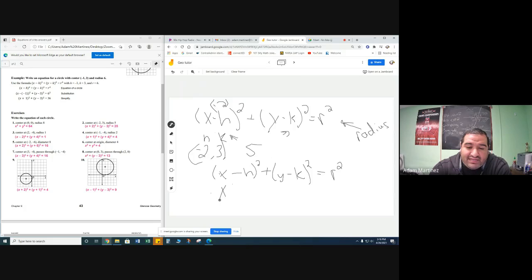So this is actually (x plus 2) squared plus (y, now our k is 3, so we're doing the opposite, so instead of positive 3 it's negative 3) squared. We know our radius is 5, so r is 5, and we bring down the squared. Now 5 squared is 25.